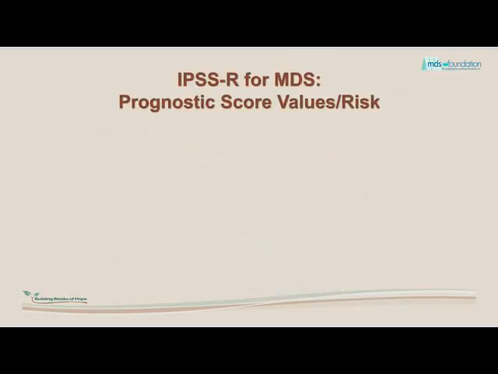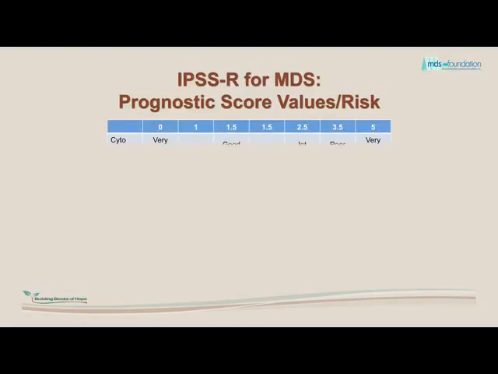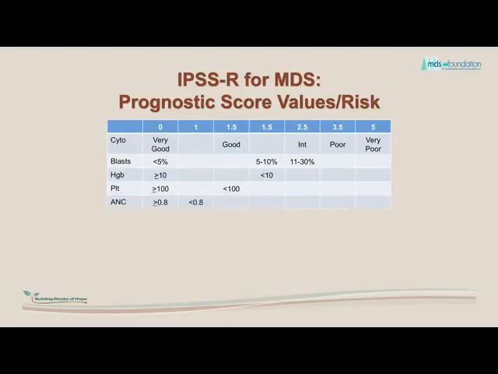The revised IPSS or IPSS-R includes many of the elements of the original IPSS. That is, cytogenetic abnormalities, the percentage of blasts in the bone marrow, but it also considers the severity of the cytopenias for each individual deficit, that is, hemoglobin, platelet count, and neutrophil count.